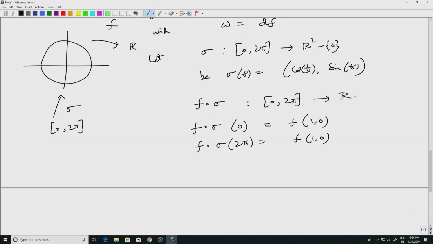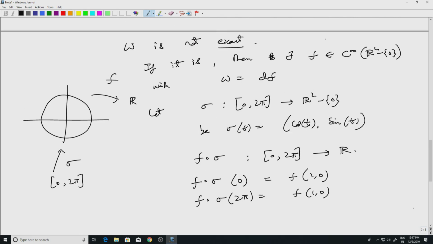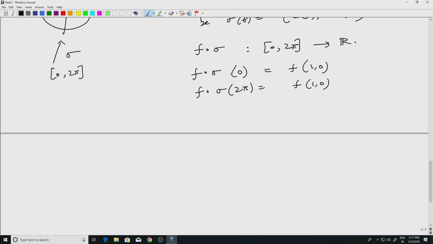But on the other hand, I've not yet used this condition, omega equal to df. So let's do that now. Let's compute the derivative of f composed with sigma.